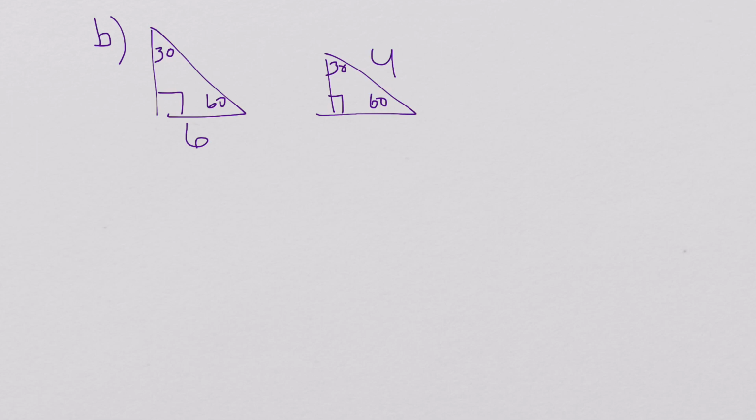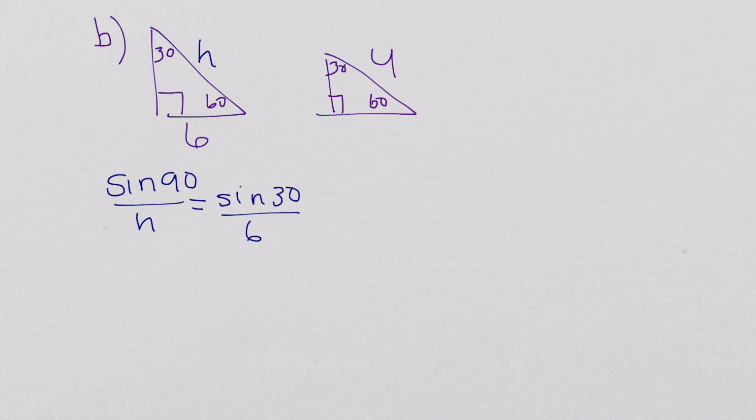So let's start with this h over here. I'm going to use law of sines. So law of sines is sine of A over A, sine of B over B, sine of C over C. So in this case, I'll go sine of 90 over h equals sine of 30 over 6.